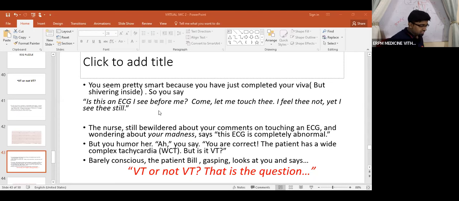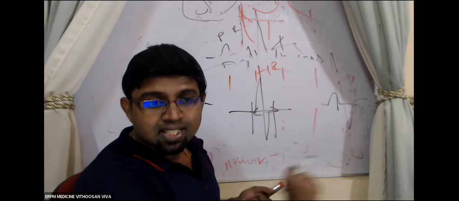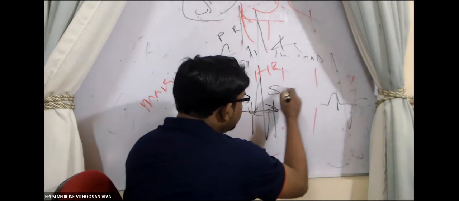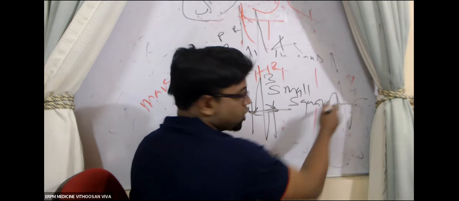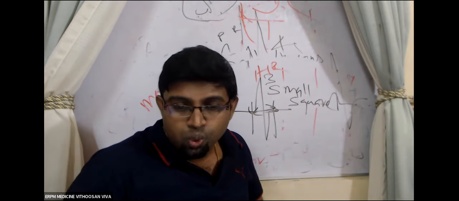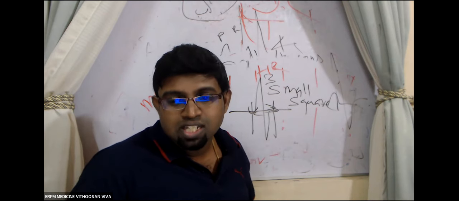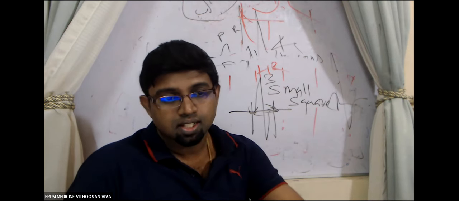What is the normal QRS? The normal QRS is less than 3 small squares.